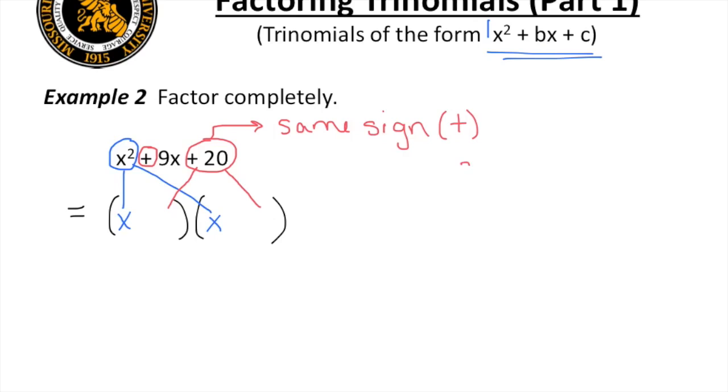Now consider what the factor pairs for 20 are. 1 times 20 gives us 20, as does 2 times 10, and 4 times 5.